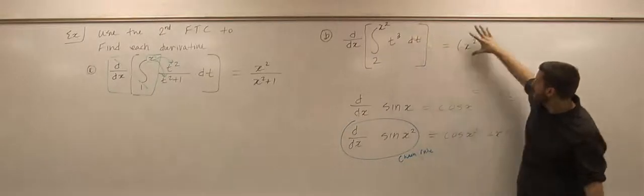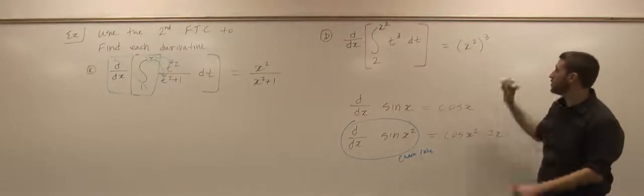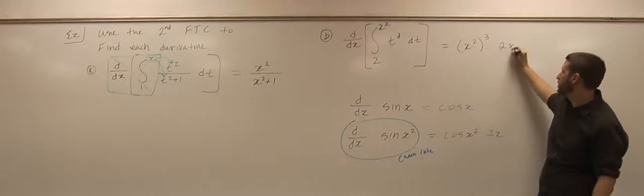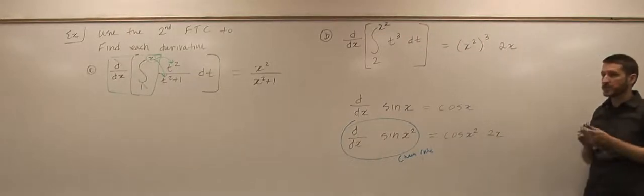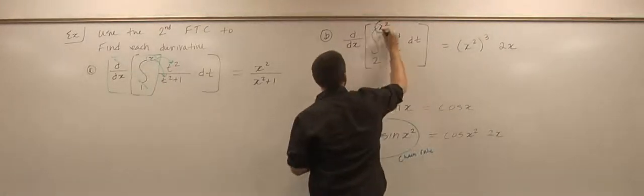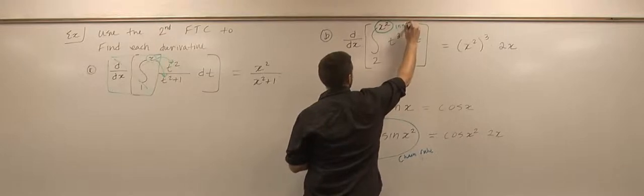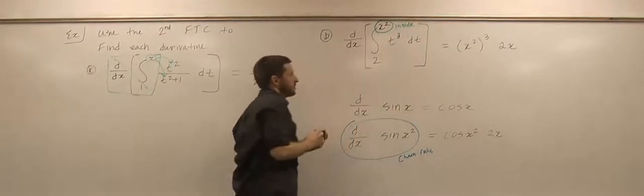You plug in the x squared just like you normally would, but times the derivative of the inside function, 2x. Because this guy is your inside function. He's more complicated than just x.